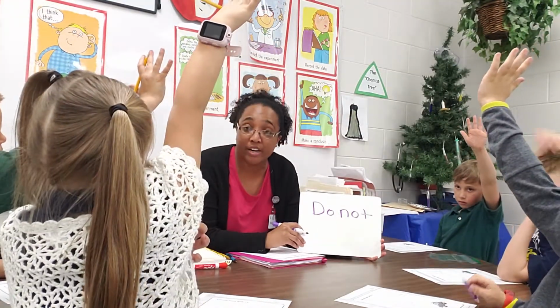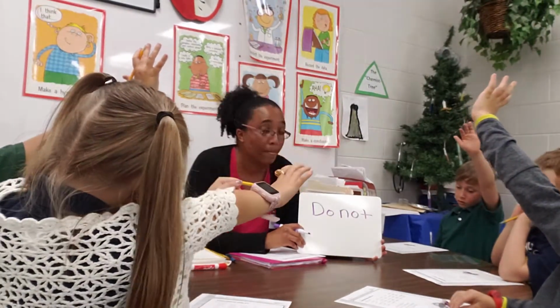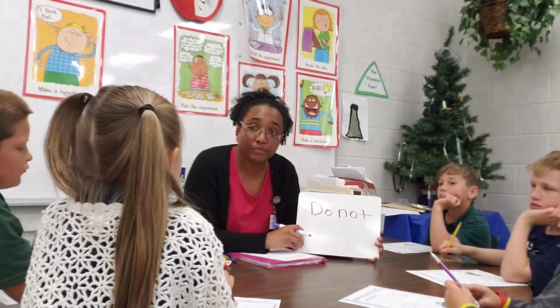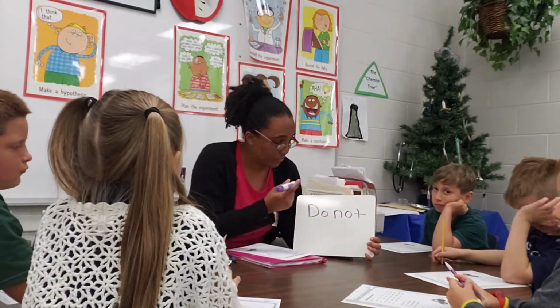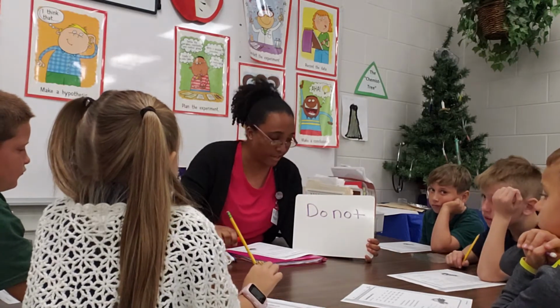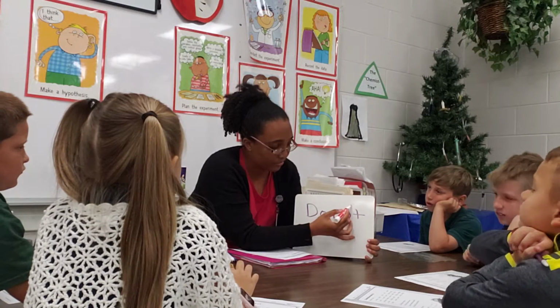Ooh. How can we make the words do not a contraction? Brooke. So we have to take the O from not and then make it into an apostrophe. Which O? The O in do, or the O in not? The O in not. And we're going to make it an apostrophe, right?